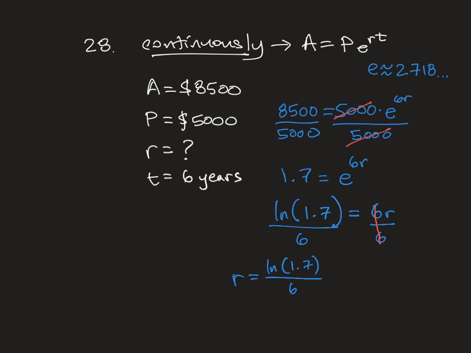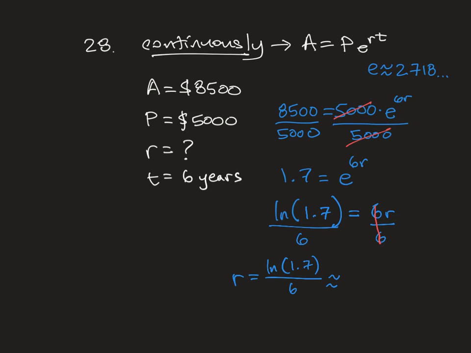So if I did a ballpark estimation, if I take the natural log of 1.7 first, I get like 0.530628 and so on.